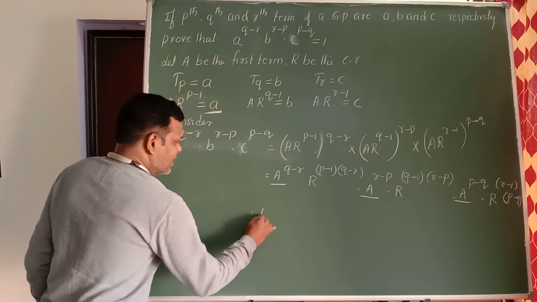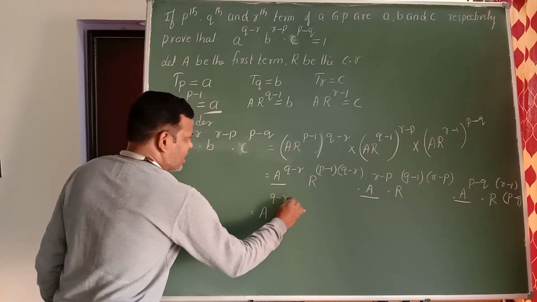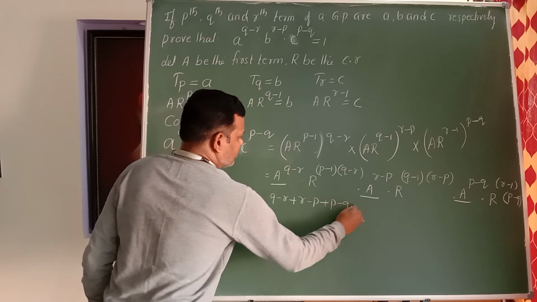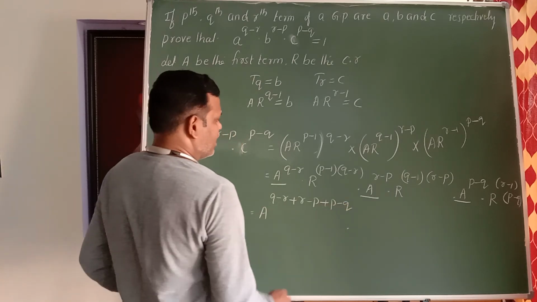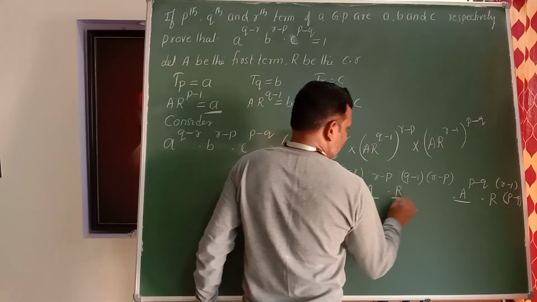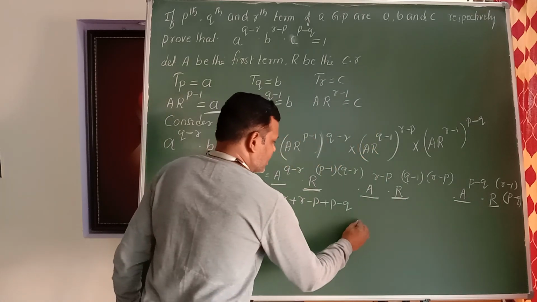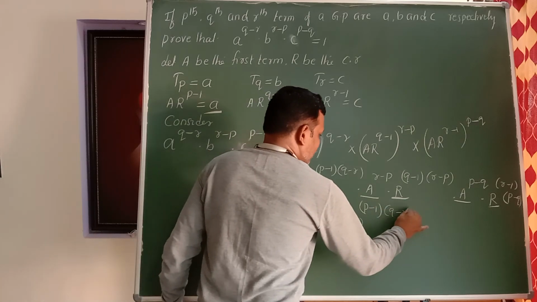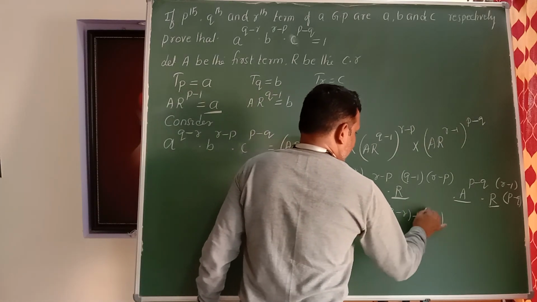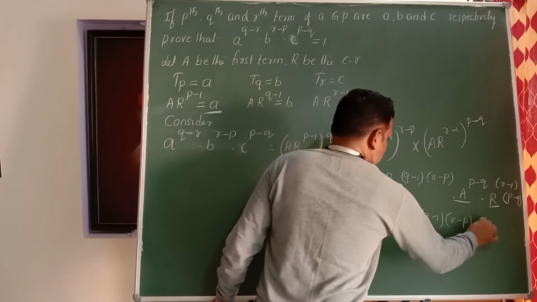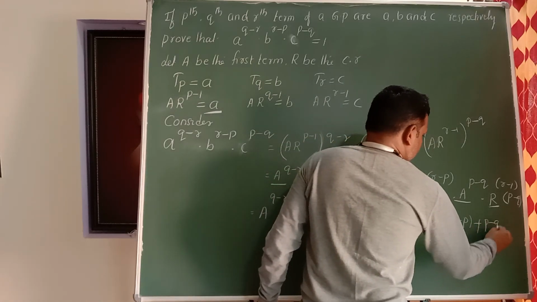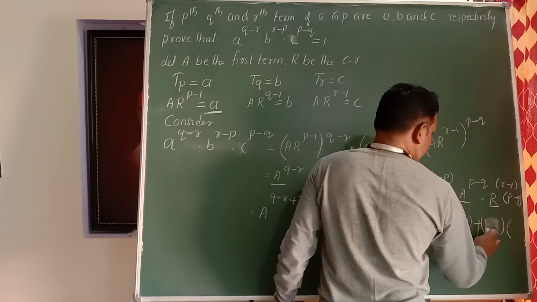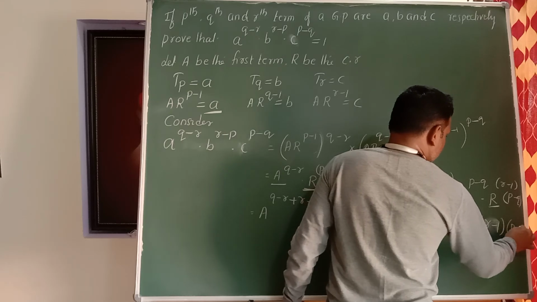So that can be written as A power Q minus R plus R minus P plus P minus Q, into, here look at me again, bases are the same, powers can be added, capital R power P minus 1 into Q minus R plus Q minus 1 into R minus P plus R minus 1 into P minus Q.